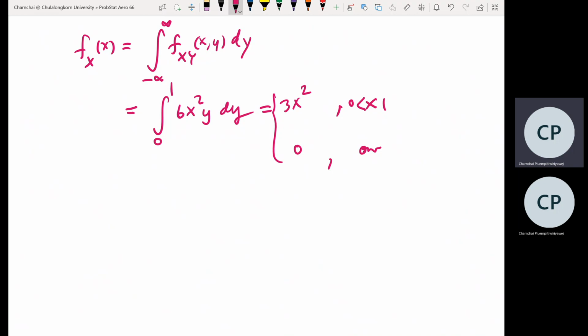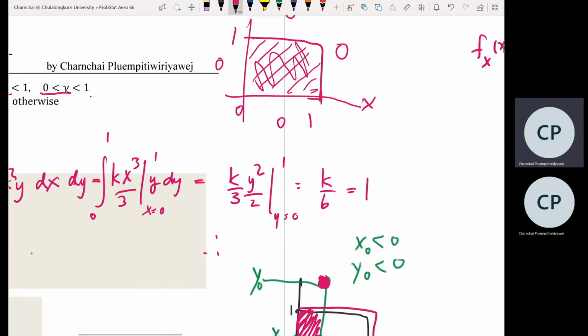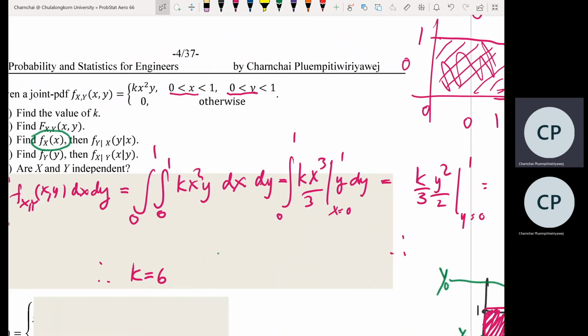Okay, so according to this is f of x, y. Now we want to find what is this?